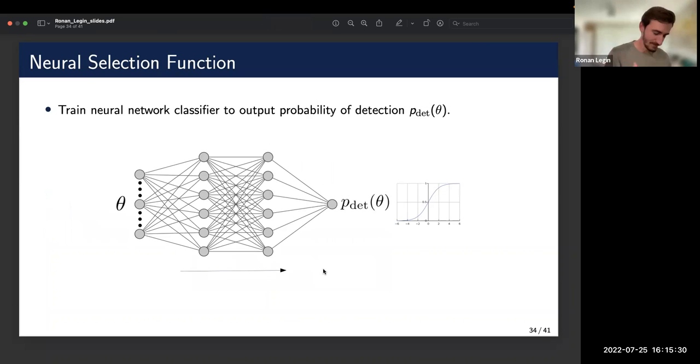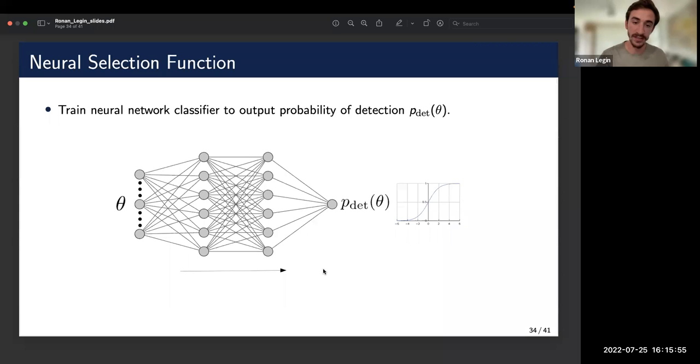So this is a project I started working on recently, where I use neural networks to predict this probability of detection. Basically, the idea is you could use a neural network to classify between a set of model parameters that result in a detection and another set that does not result in detection. So this is a simple neural network.